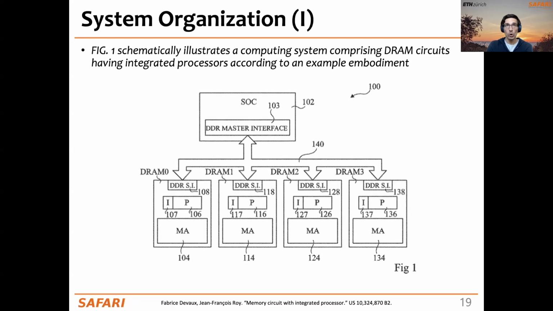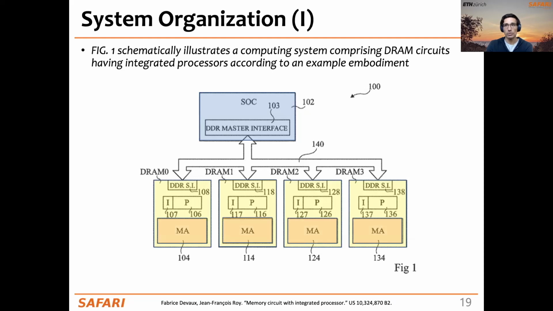We can take a look at the system organization and identify here the central processor with its own main memory, typically conventional DDR4 memory, for example. Here we find the UPMEM DIMMs with their PIM chips.